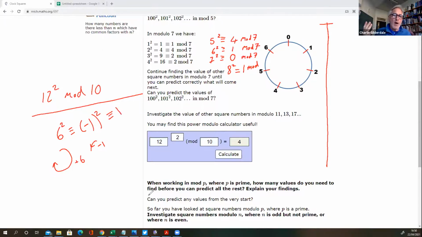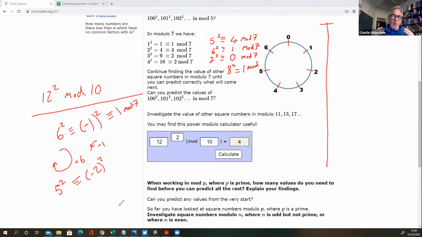And squaring -1 is 1, which is the same as squaring 1. So perhaps that's not such a surprise. And likewise 2 squared is going to be the same as -2 squared. 5 squared is going to be the same as -2 squared. Yes. And so we get the same answer for 2 squared and for 5 squared.